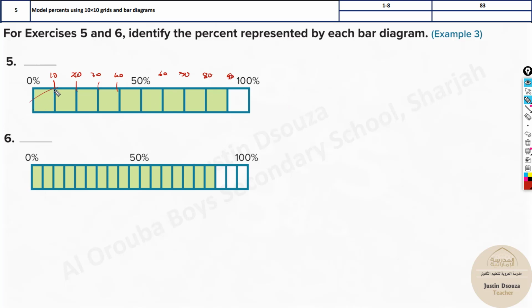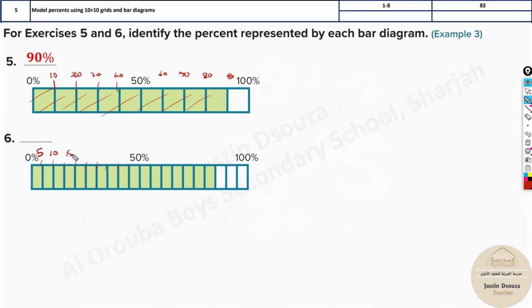So here, how much is shaded? Till 90. So the answer is 90%. That's it. But here now look. It is not 10, 20, because it is more discrete. It is how many? 1, 2, 3, 4, 5, 6, 7, 8, 9, 10. That means if you divide 50 by 10, you'll get 5.